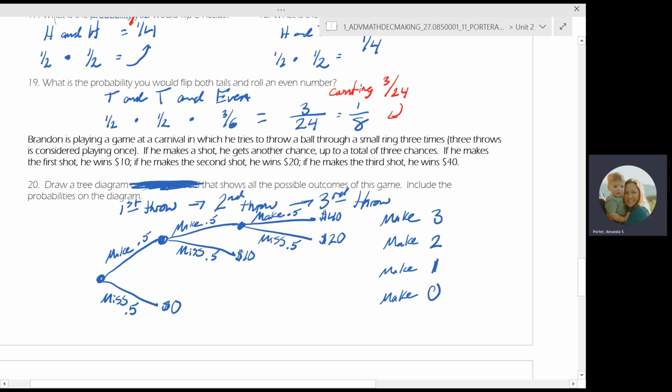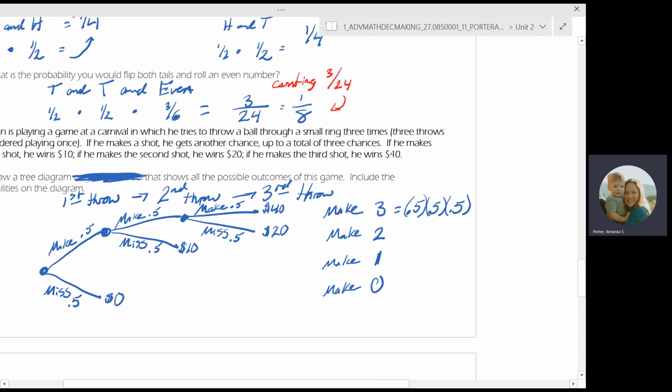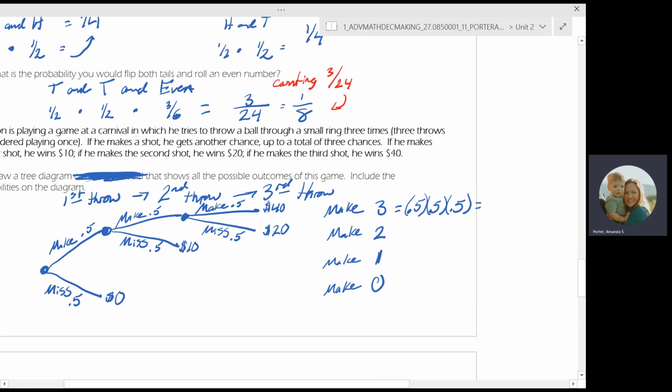So making all 3 is work your way out the branch by multiplication. 0.5 times 0.5 times 0.5. I believe that is 0.125 that he's going to make all 3.